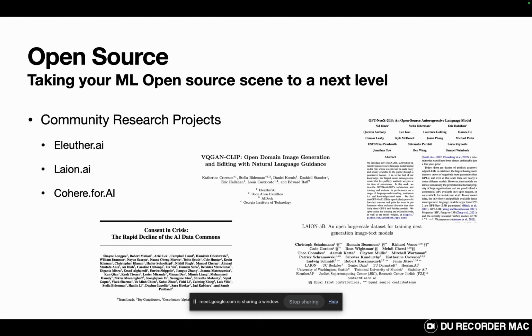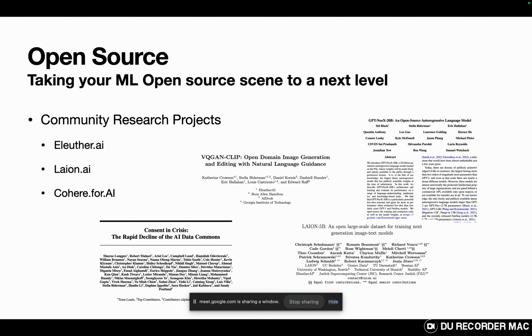So these are all the contributors you can see in the top right image. Sid Black, Stella, Eric, and all of these contributors. And these are from multiple institutions. So some of them are from Eleuther.ai, some of them are from Meta, some of them are from different universities.